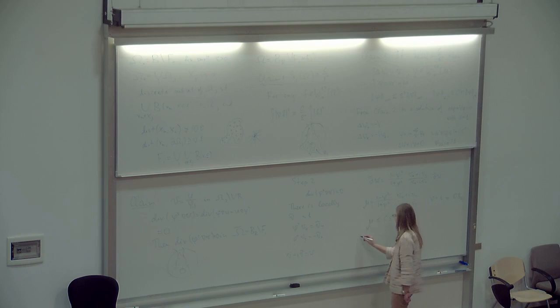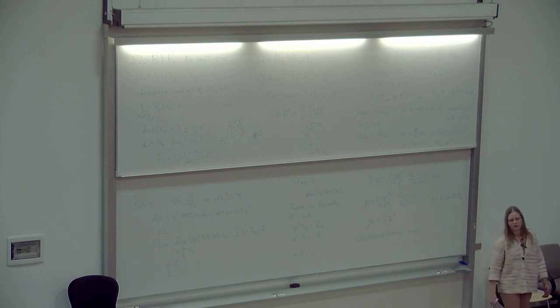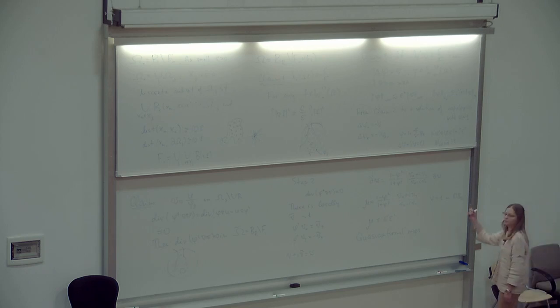I'll need a few things from the theory of quasi-conformal maps. The first is that there is a map from the complex plane to the complex plane that is a homeomorphism that solves the corresponding Beltrami equation.